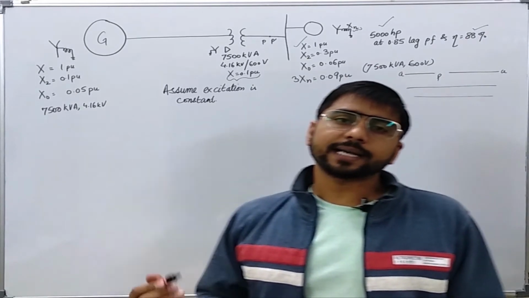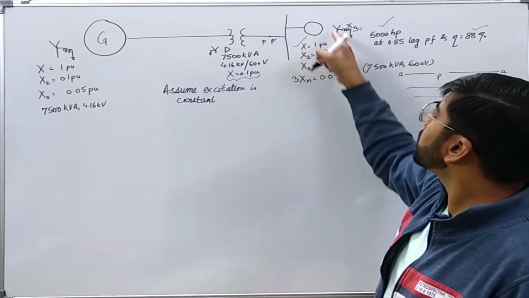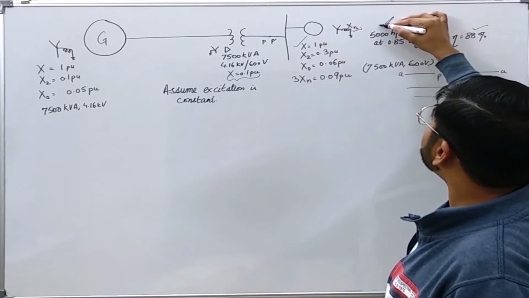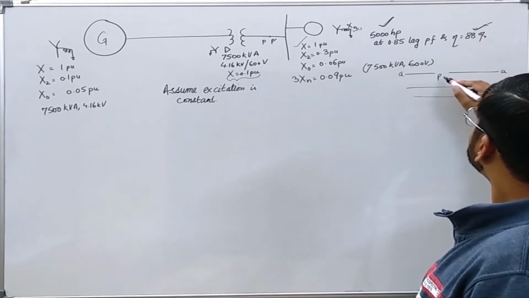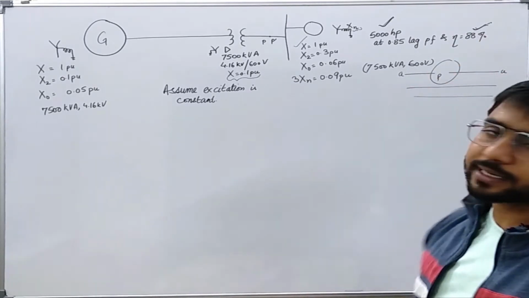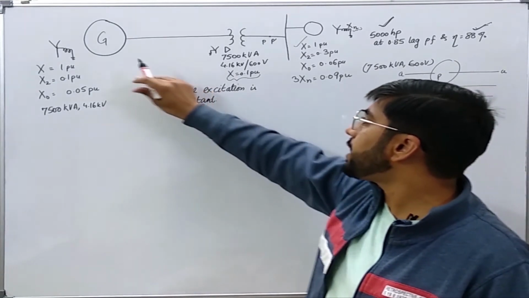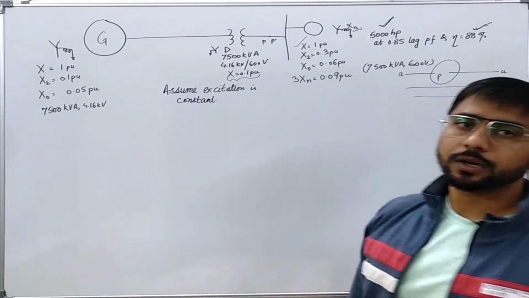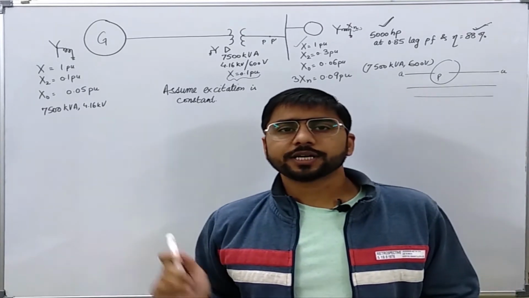Now we are asked to know whether the same motor can supply the same load of 5000 HP at the same efficiency if this phase A conductor is open. We are also told that we can assume that excitation of both the machines is constant. Okay, now we will have to solve this question.